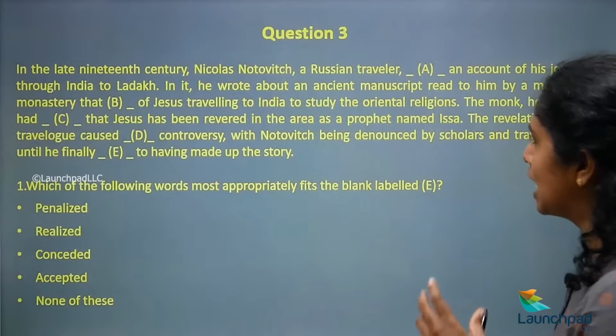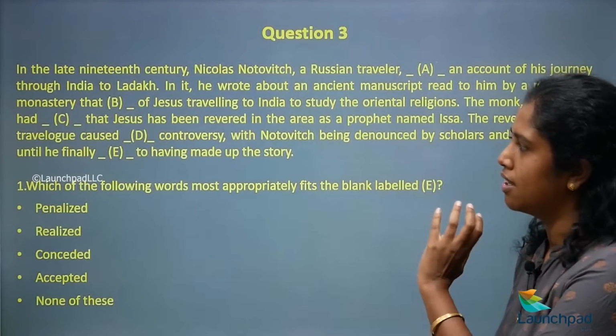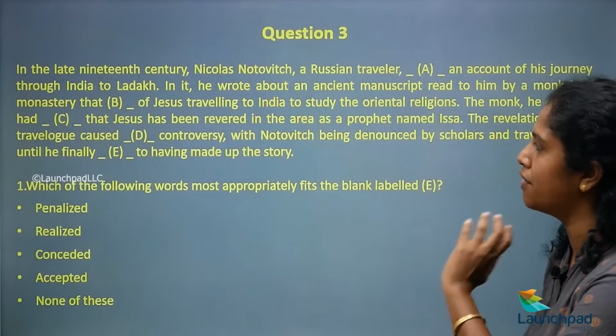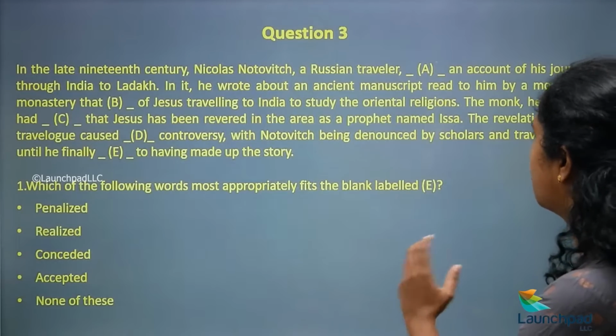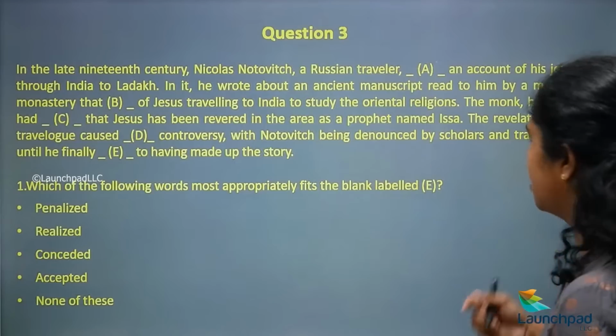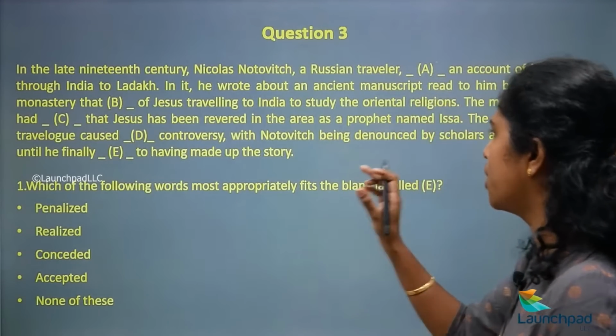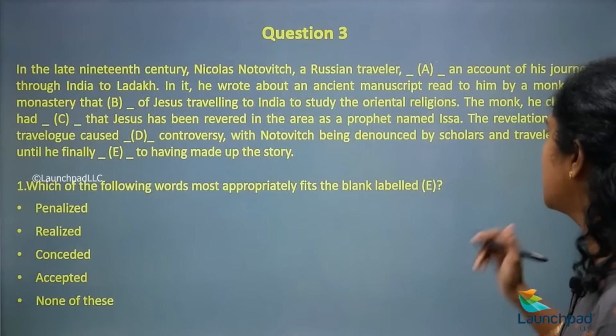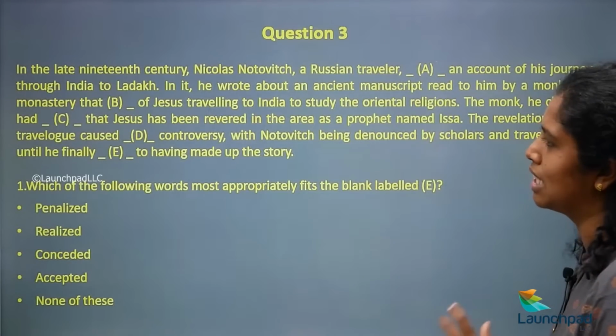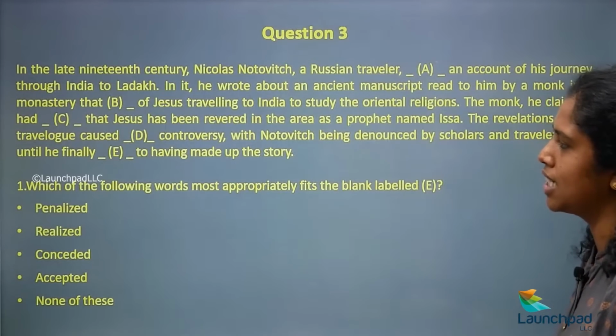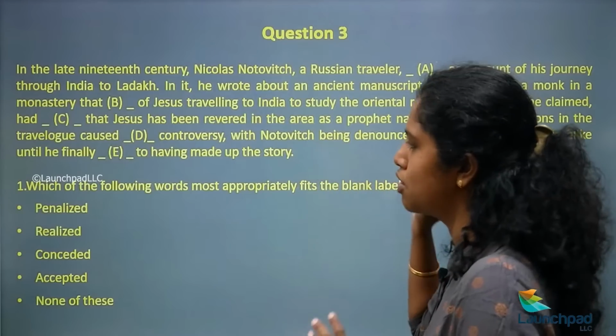The monk, he claimed, had dashed that Jesus has been revered in the area as a prophet named Isa. The revelations in the travelogue caused dash controversy, with Notovich being denounced by scholars and travelers alike until he finally dashed to having made up the story.